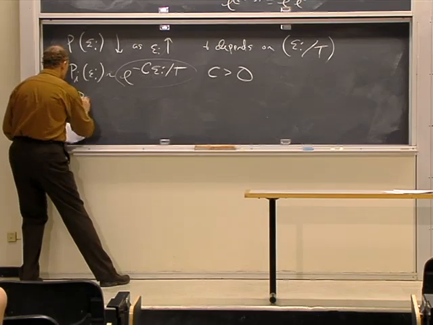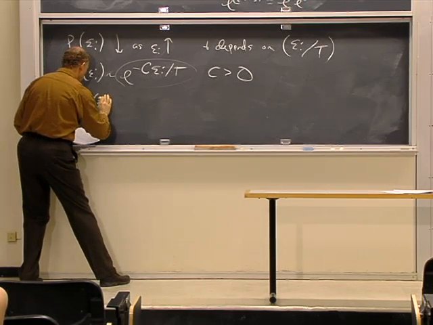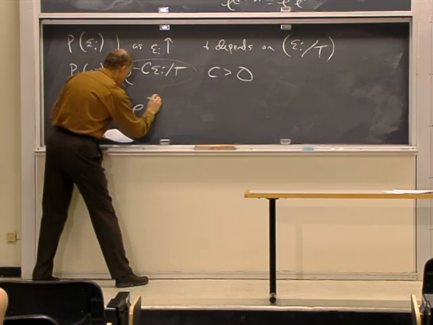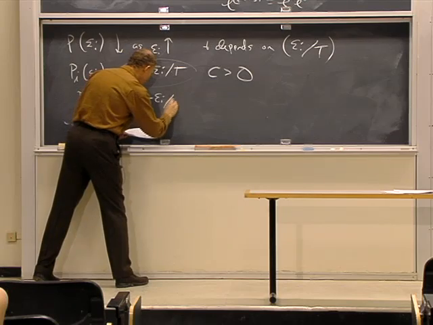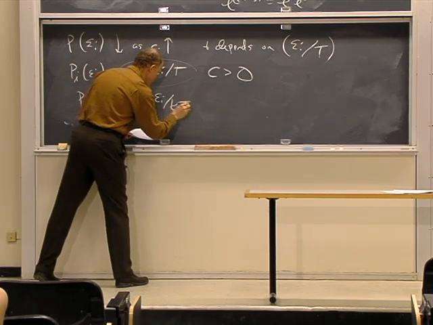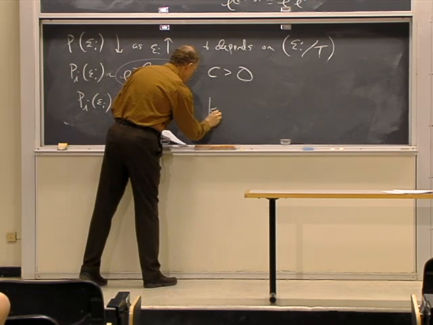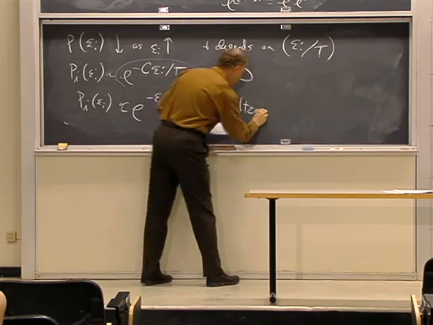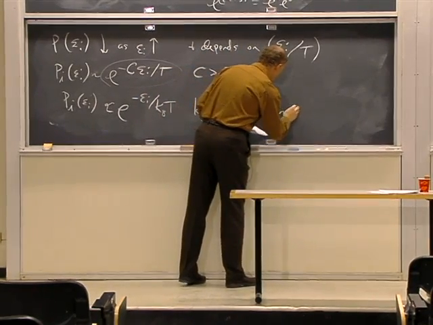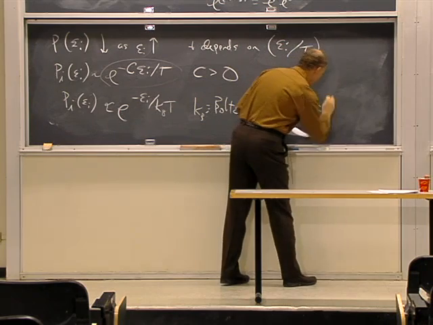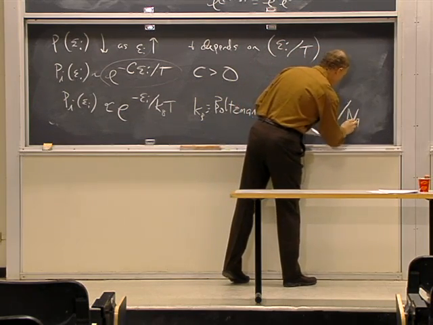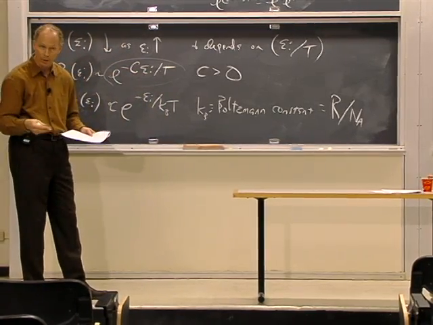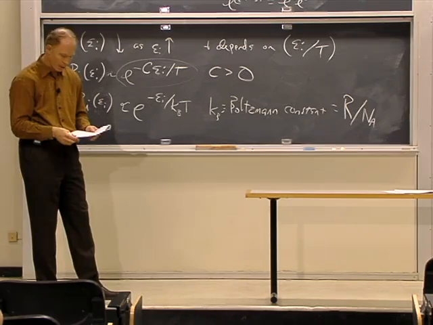So really what we have is Pi of EI is proportional to e to the minus EI over kBT, or just kT, where kB is called the Boltzmann constant, and it's just equal to R over Avogadro's number. It's the gas constant per molecule rather than per mole. Okay?